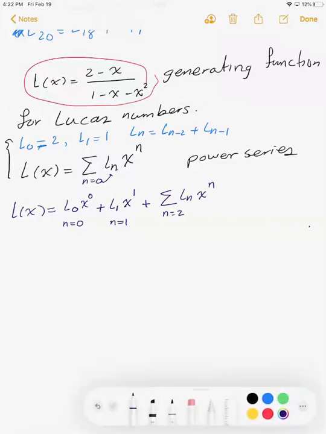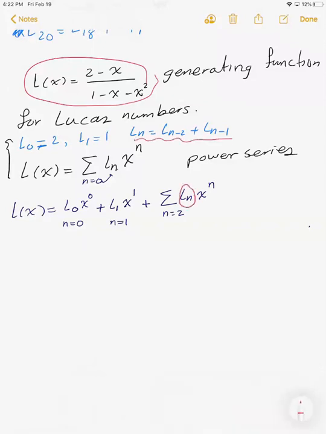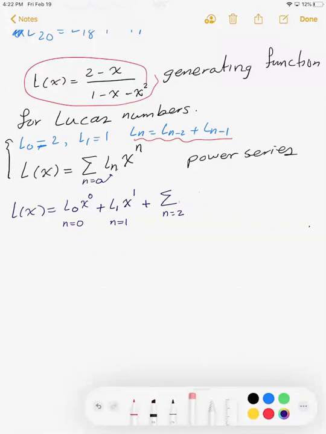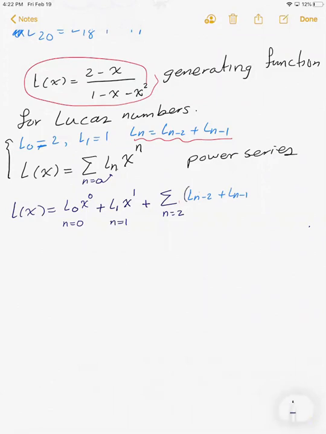Then I'm also going to replace this Ln with Ln minus 2 plus Ln minus 1, times x^n. So remember, this is Ln.